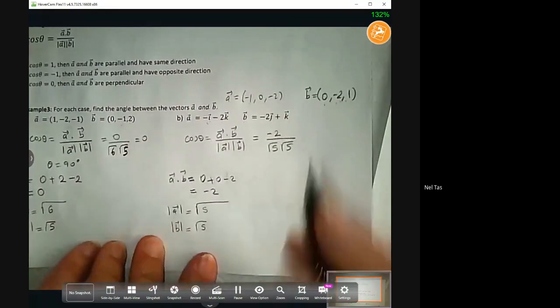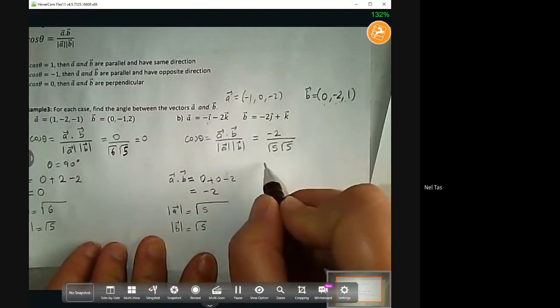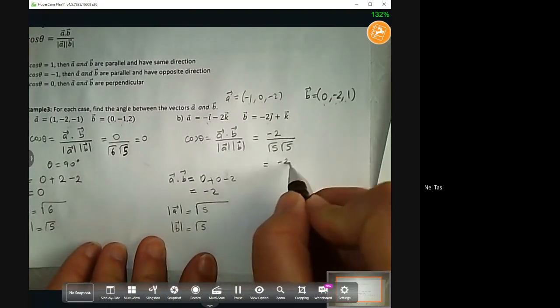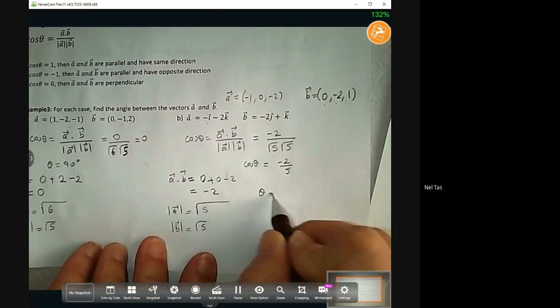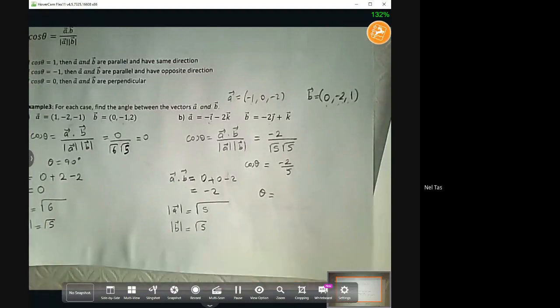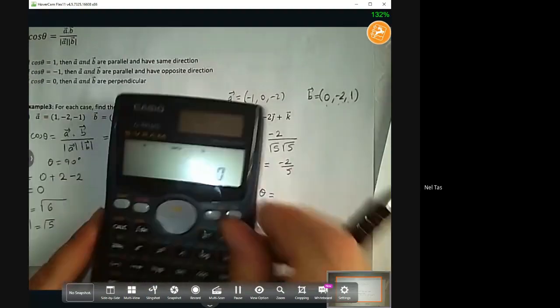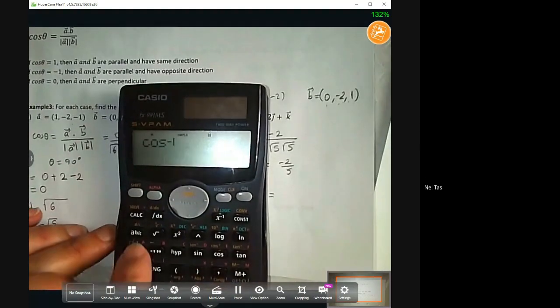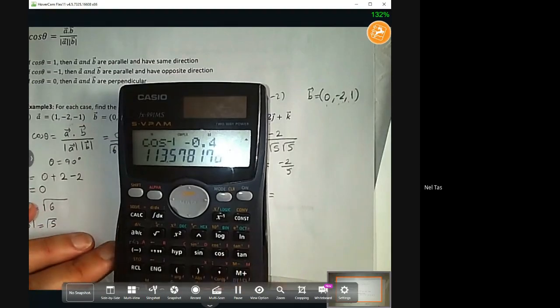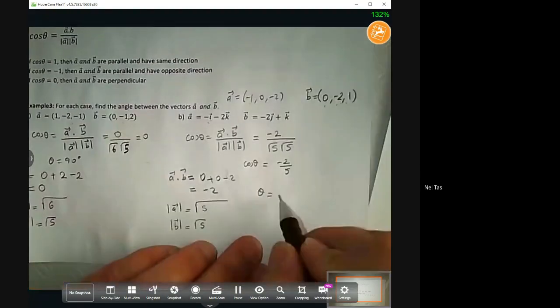Root 5 times root 5 is 5. So you get -2 over 5 here for cos theta. Then if you do cos inverse of -0.4, you get 113.6 degrees.